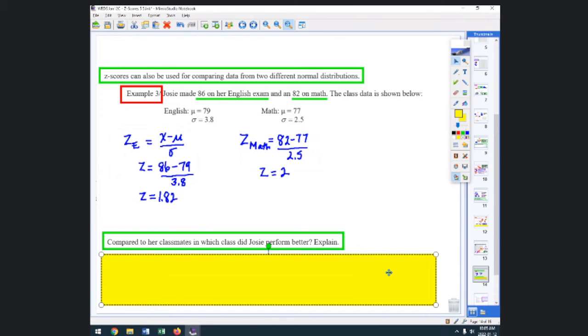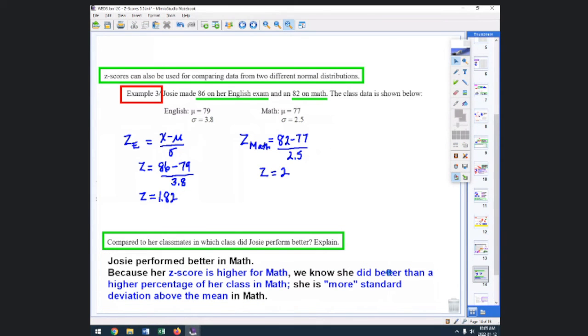So the question is, compared to her classmates, in which class did Josie perform better? Anybody want to take a guess? Her Z-score is higher for math. So if we drew English, this is what we would be saying.